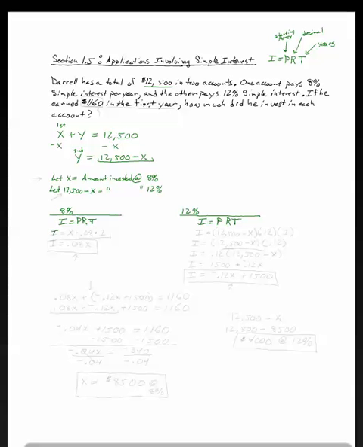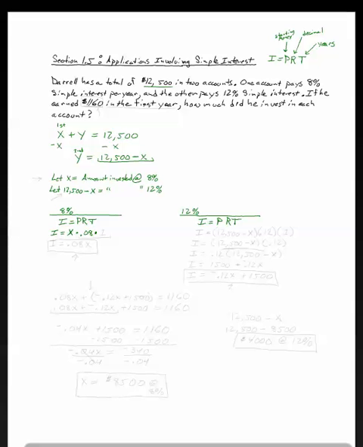So our interest equals first the principal. That's the amount invested at 8%. And we've already let X equal the amount invested at 8%. So our principal in this case is X times. R is the rate of interest. The rate of interest is 8%, and as a decimal that's 0.08. Times. Now we want the time in years.